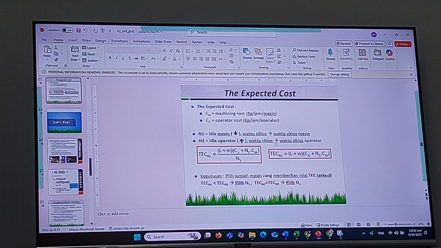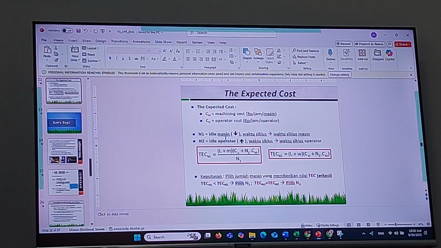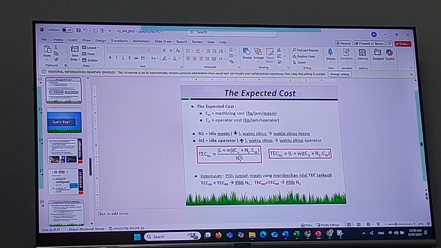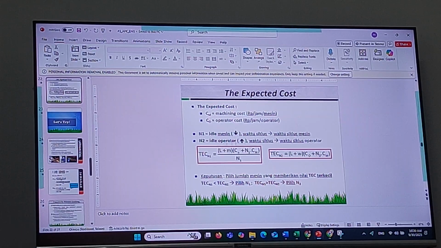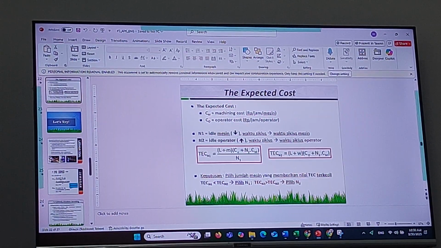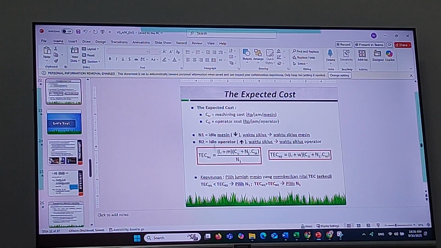We try to calculate the expected cost for N2. For N2, we decide, for example, from 3.5 to 4. But for the first one, we decide from 3.5 to 3. Then we calculate the expected cost based on the idle of the machine and based on the idle of the operators.